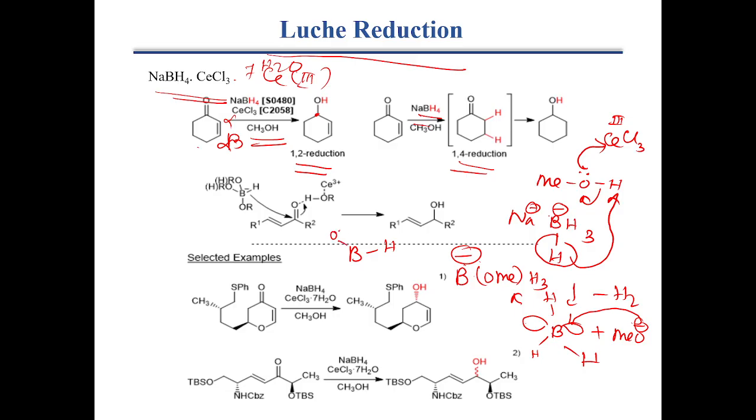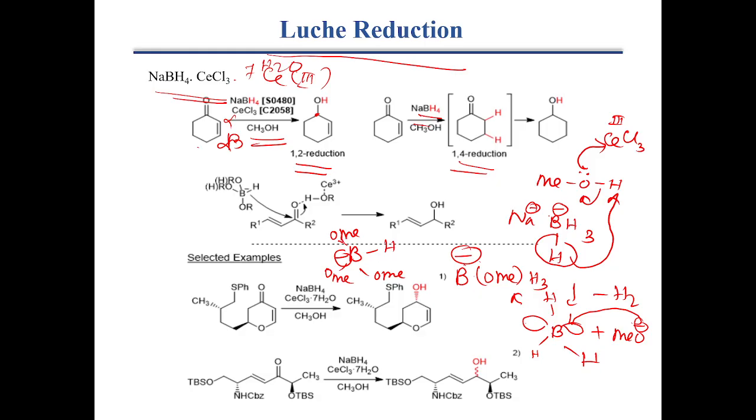BH(OMe)3 minus. So now, due to this methoxide ion, it will form this methoxide-containing boron compound. So this OMe group has an electron donating effect.